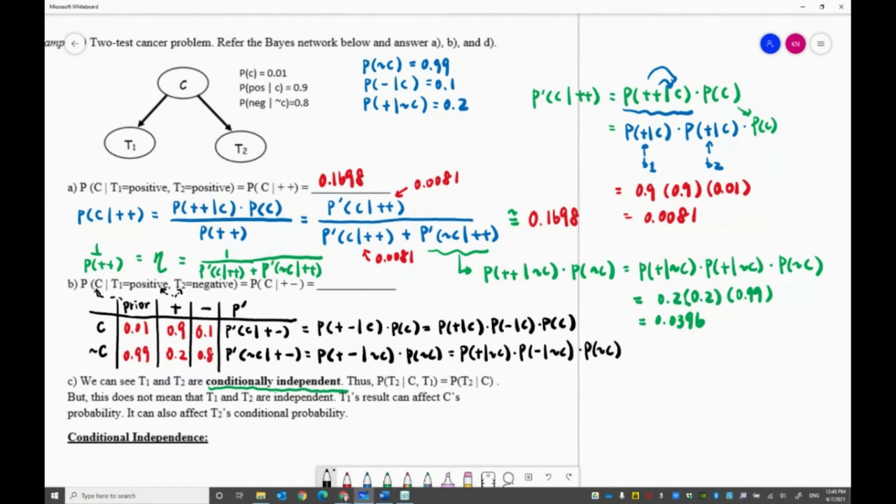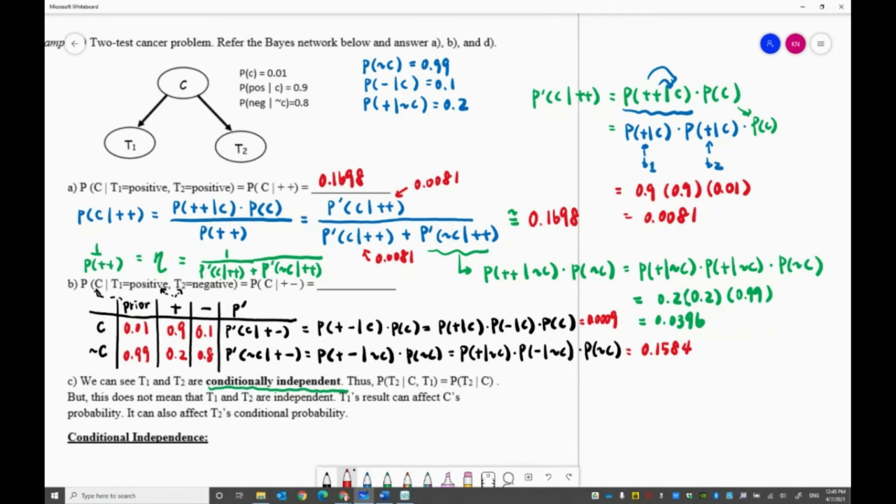Now I have all those numbers, probability of positive given C, so you can find the numbers from the table now. If you calculate these numbers, it's going to be about 0.0009. Then the second prime, not C given positive and negative, will be around 0.1584.